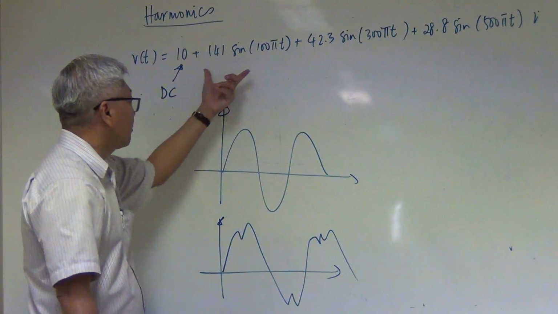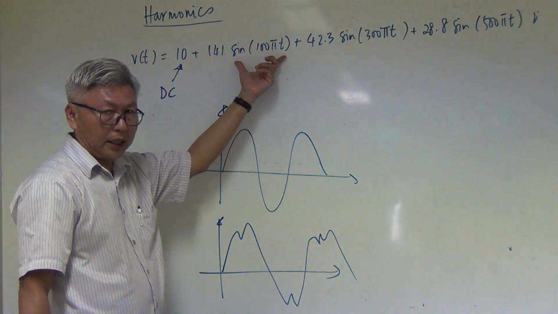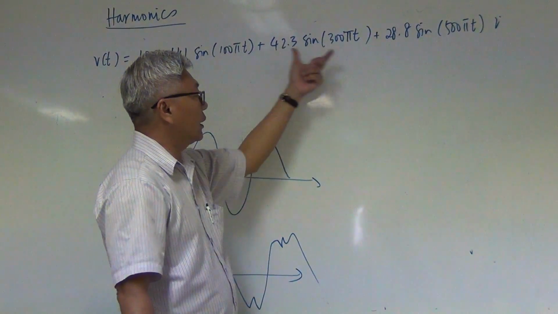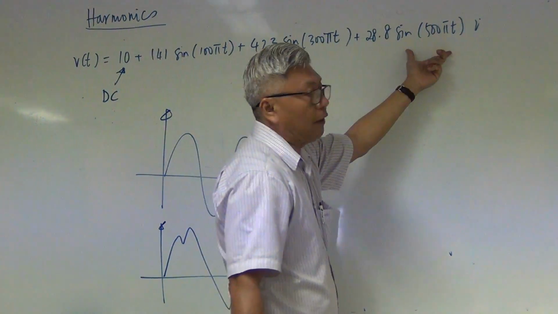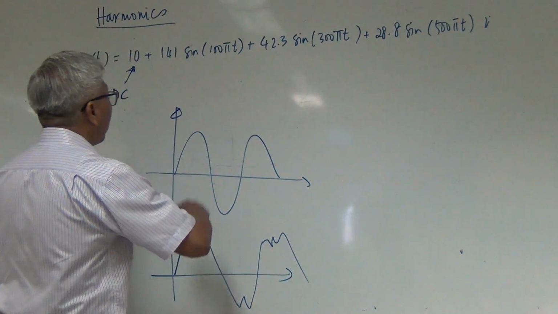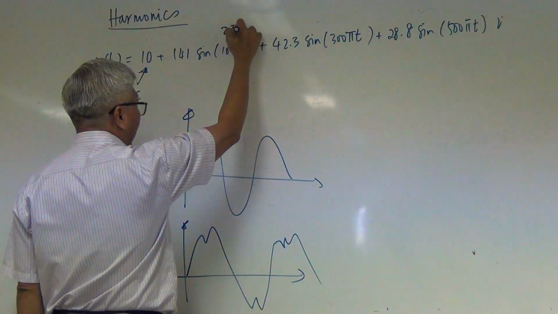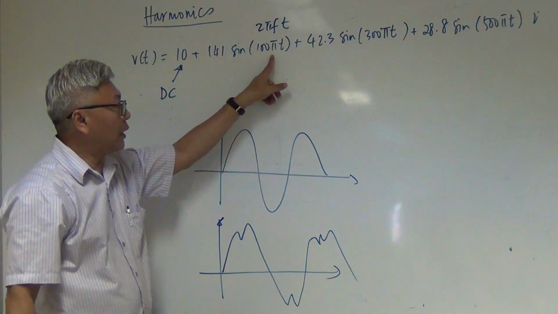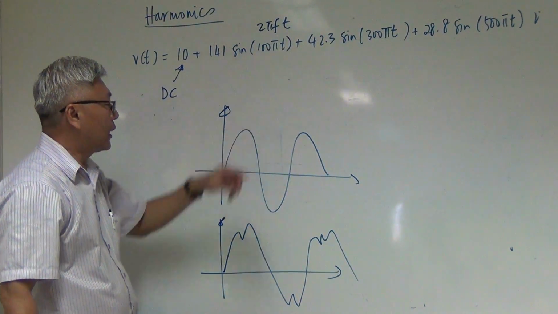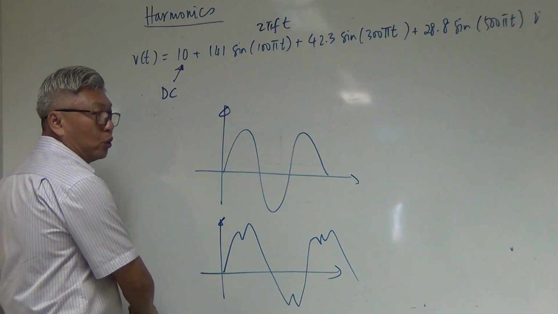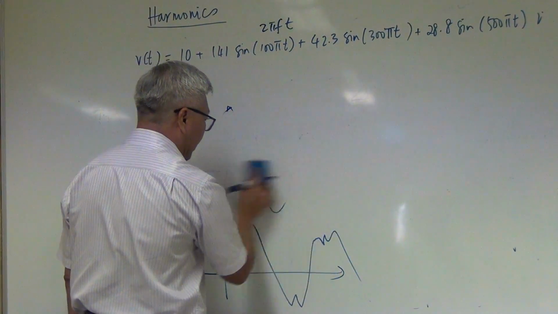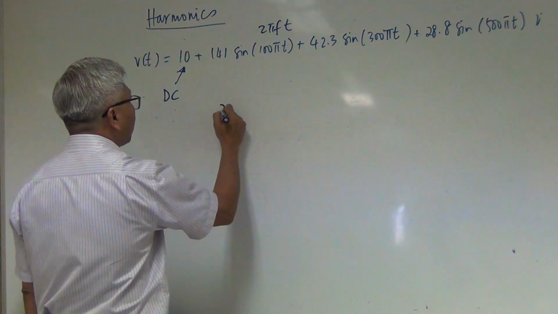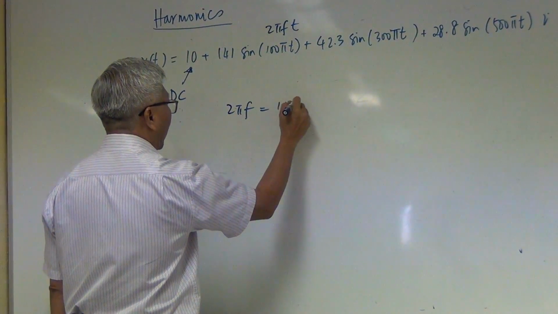In this case here, this is my fundamental. 100 pi t is my fundamental, and this 300 pi is times 3, so it's the third harmonic, and this is the fifth harmonic. Now you still remember that this is 2 pi ft. So if I were to ask you to find the fundamental frequency, you can say 2 pi f is equal to 100 pi.